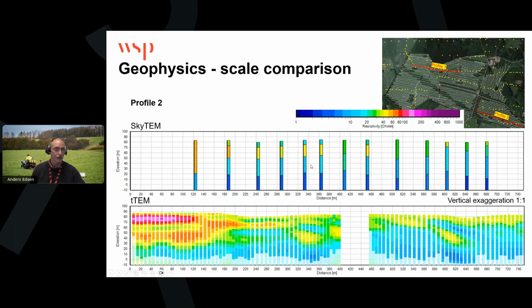In the TTEM data, we see that there are actually high resistivities in this end, and there are probably two high resistivity areas here that are divided by a low resistivity layer in the middle, which for water purposes makes this structure down here interesting, if there actually is groundwater to be extracted down here, because of the protective clay layer on top. To the right end, we see this very detailed and inclining structure that is visible in the TTEM data, not really being resolved at all in the SkyTEM data.